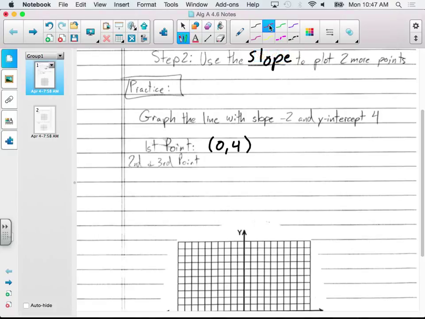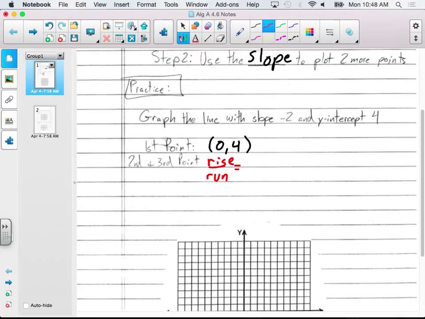Okay, so now we need our second and third points. So, using our slope, what is slope again? What over what? Rise over run. So if our slope is -2, what would our rise over run be? Well, you can go down 2 over 1.